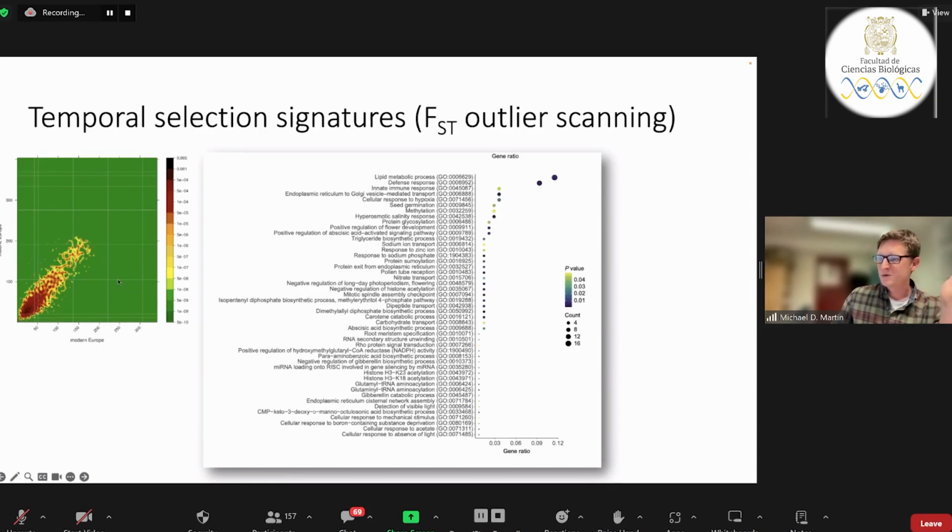Then we are able to summarize all of these extreme outlier SNPs. And we asked which types of genes they are in, because we know something about the function of each of these genes in the genome from studies that have been done on Arabidopsis and other model plants.